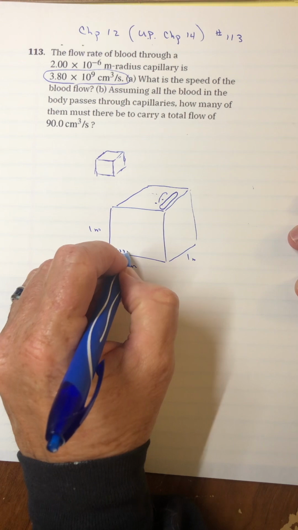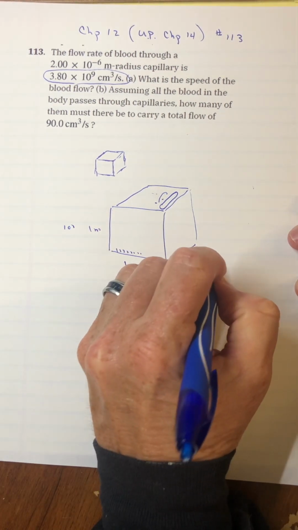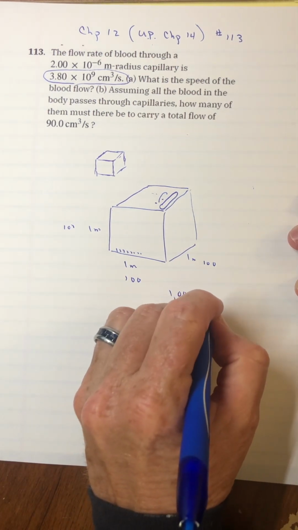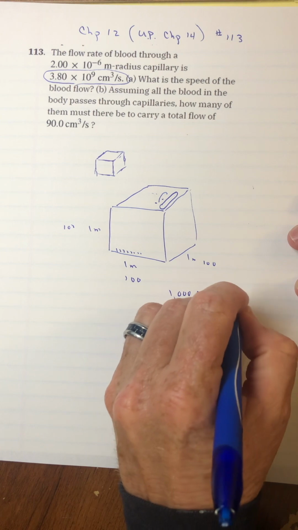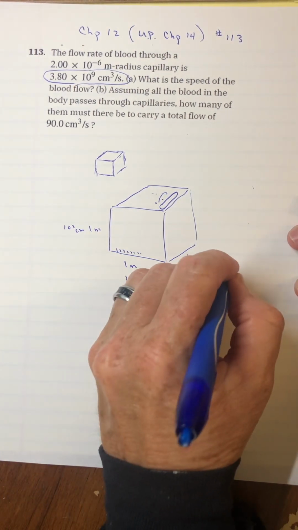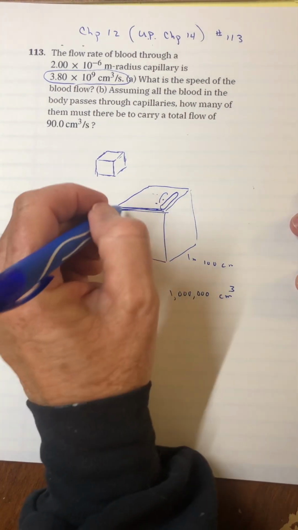But that would be 100 centimeters by 100 centimeters by 100 centimeters. So that makes 1,000,000 cubic centimeters if we did all this in centimeters.